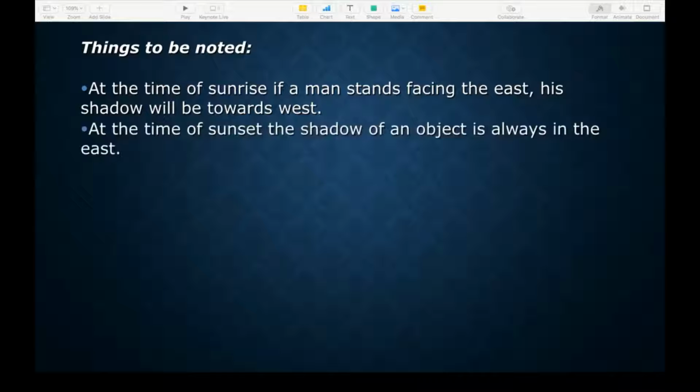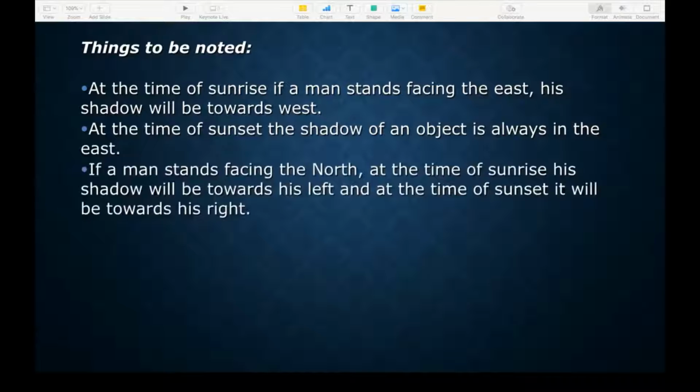And the opposite, at the time of sunset, the shadow will always be in the east. During sunrise, all the shadows will be towards the west, and at sunset, all the shadows will be towards the east. If a man is standing facing the north, just imagine that you are the person facing the north.